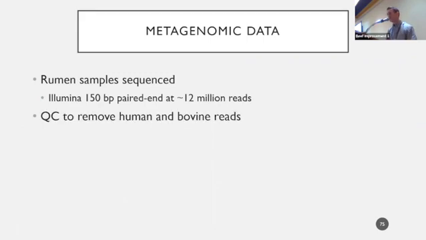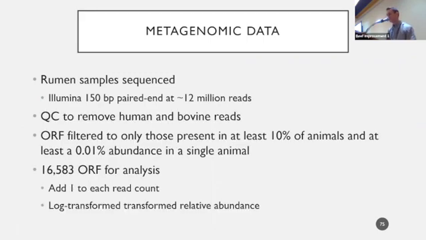Another example of that, moving to metagenomic data, I have some details about what we did. This was Illumina short read sequencing, and there was quality control to remove both human and bovine reads. I'll get back to that QC for removing bovine reads, because when I figured out you're throwing away bovine sequence reads, I became really interested.